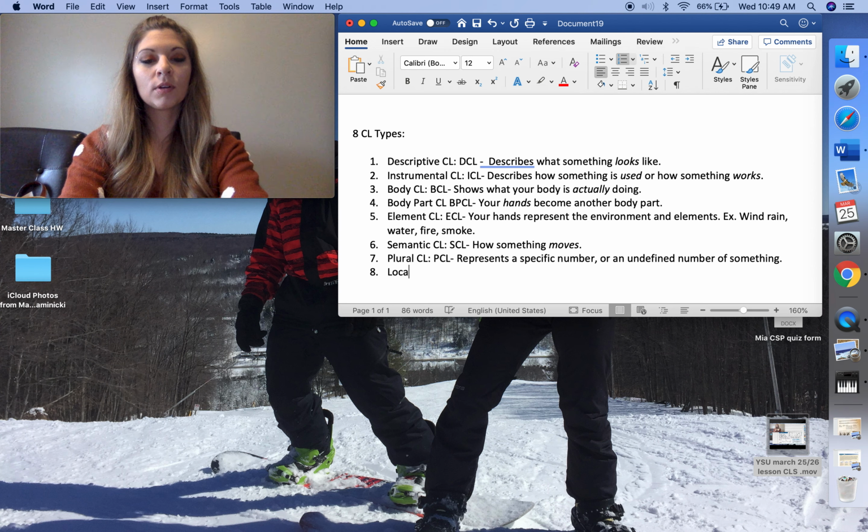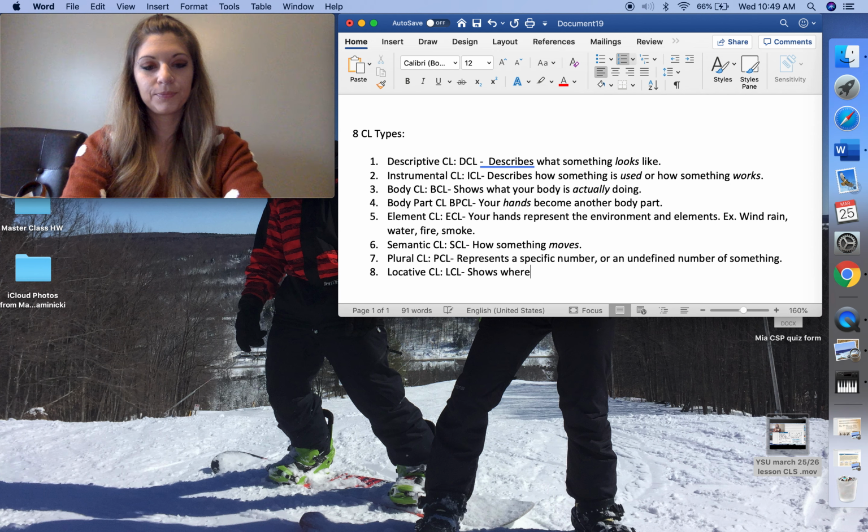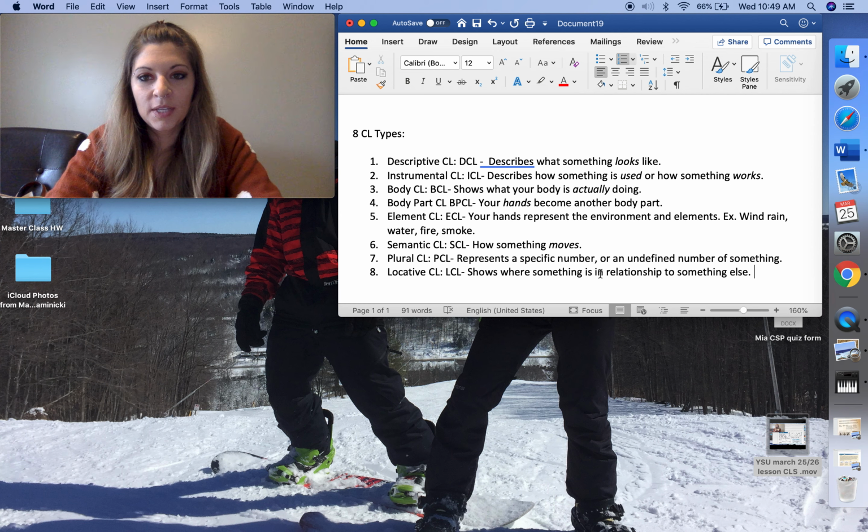And then the last one is a locative classifier, LCL. This shows where something is, but the key word here is in relationship to something else.